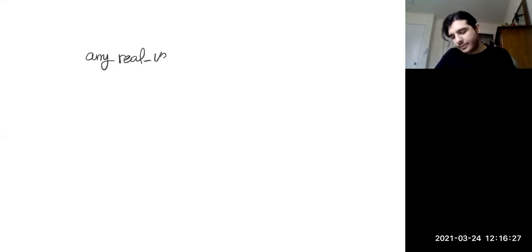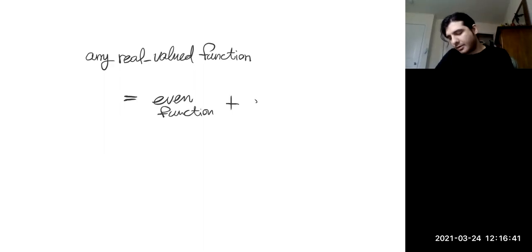The point is that the last part, part B, says deduce from part A. So you can prove it directly, but the question is asking you to use part A. The last part says show any real valued function can be written as sum of an even function and an odd function.